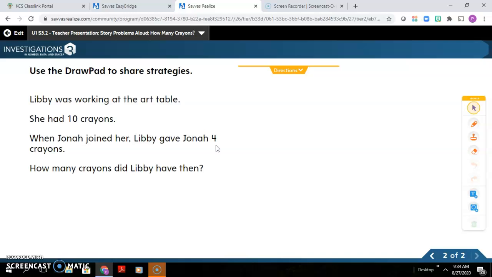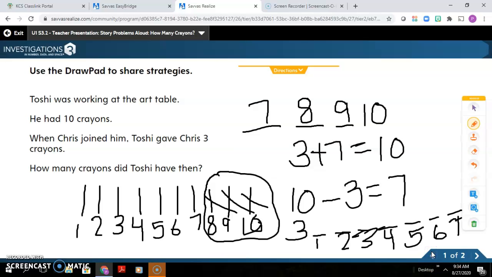Because she's giving more away. So what is 1 less than 7? Right, 6. So that's another strategy you could use. There's kind of a pattern there. So those are some different ways that you could solve some word problems that you're going to be doing today on page 39 and 40.